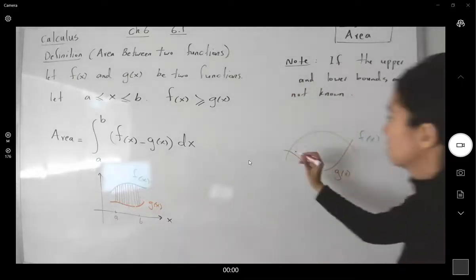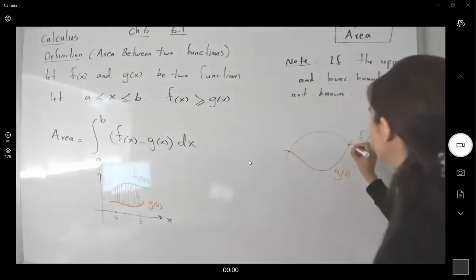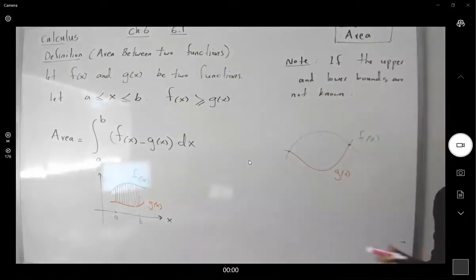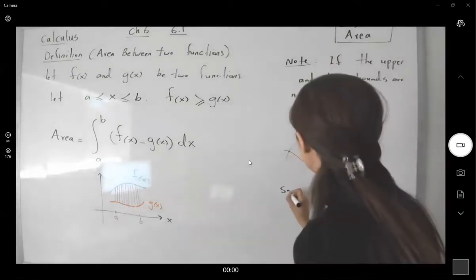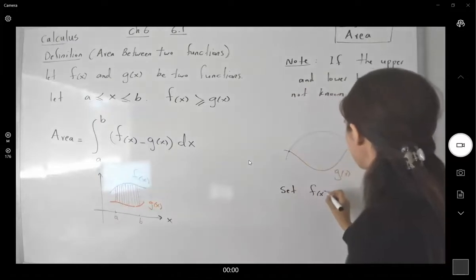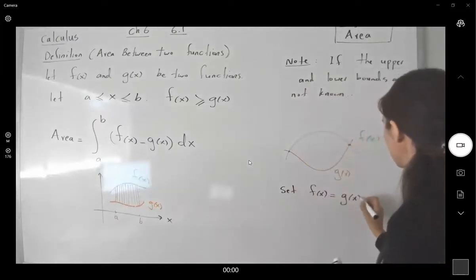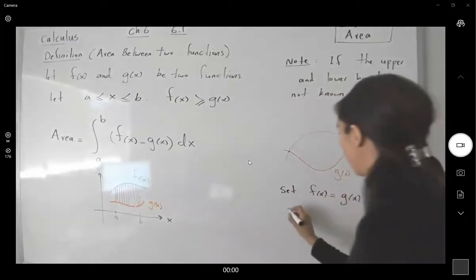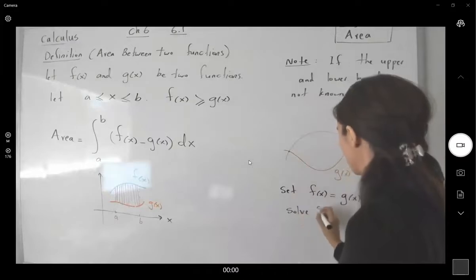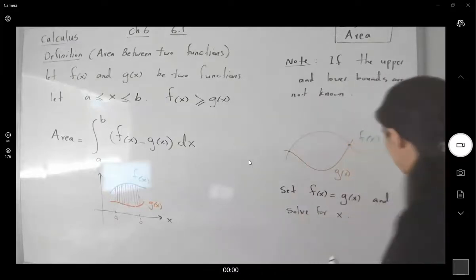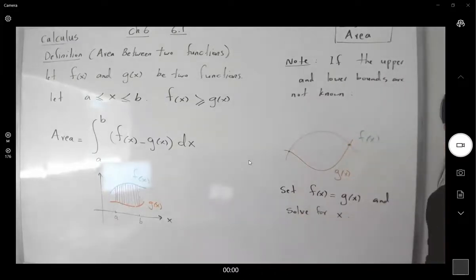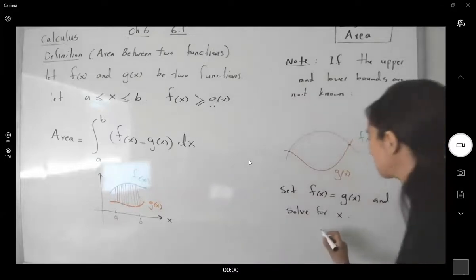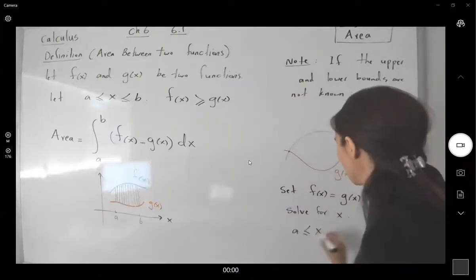To find the points of intersection between f and g, we set f of x equal to g of x and solve for x. In that case, you can find the lower bound and upper bound for your x value.